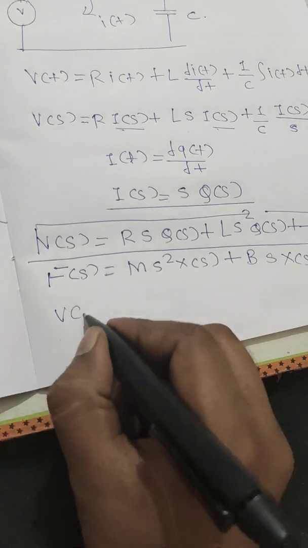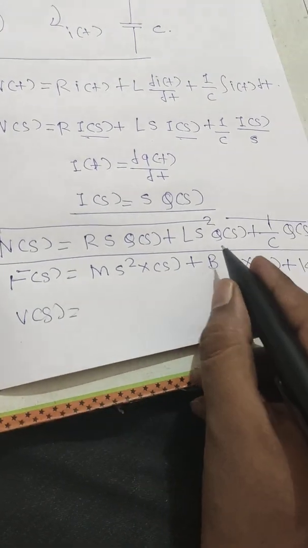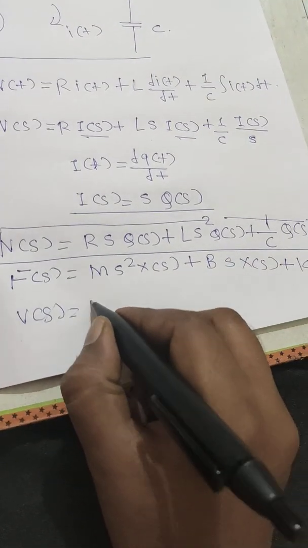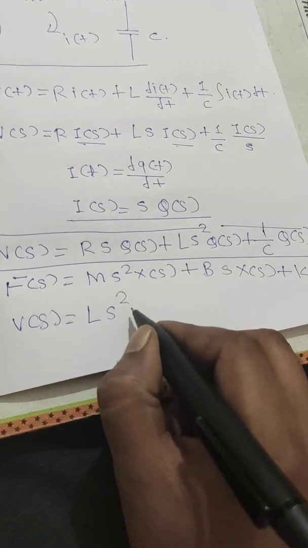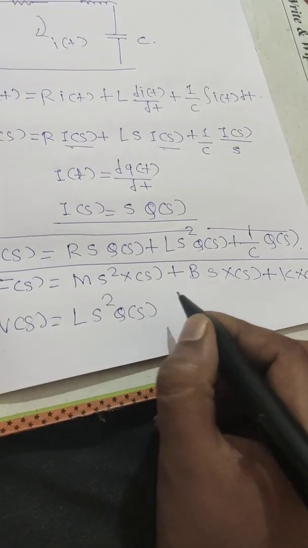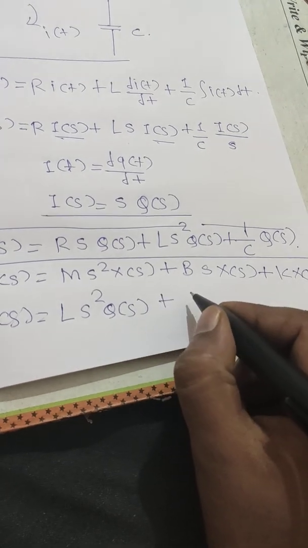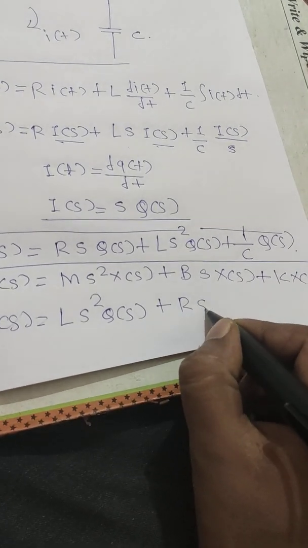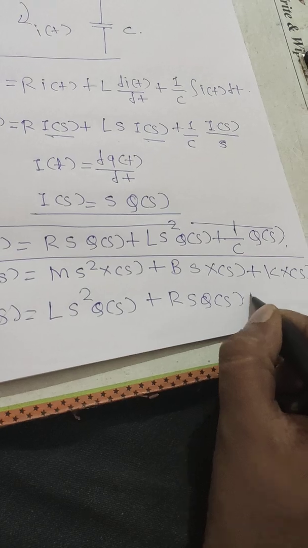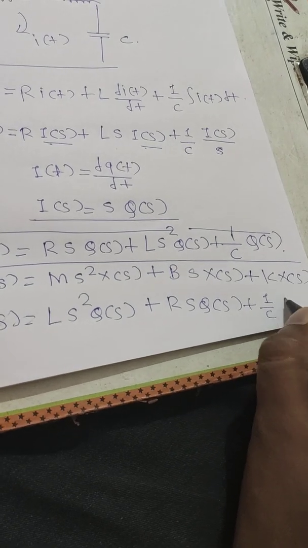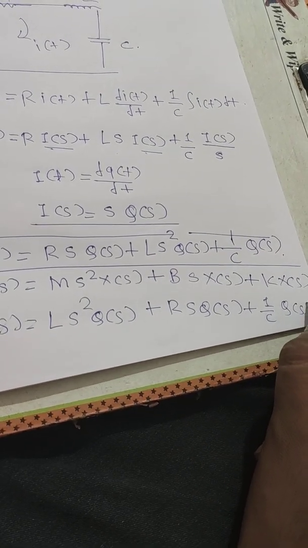And the V of s equation using force voltage analogy, rearranged, is L s square q of s plus R into s into q of s plus 1 by C into q of s.